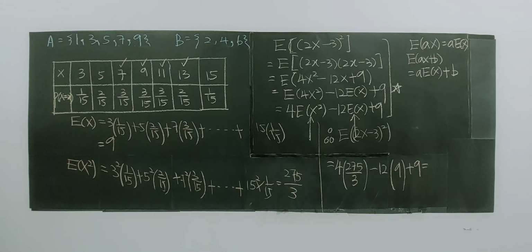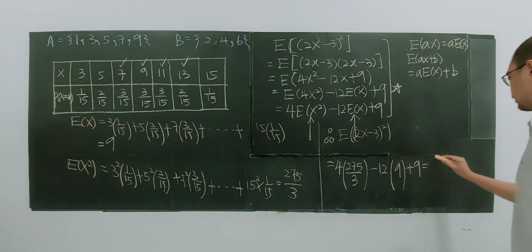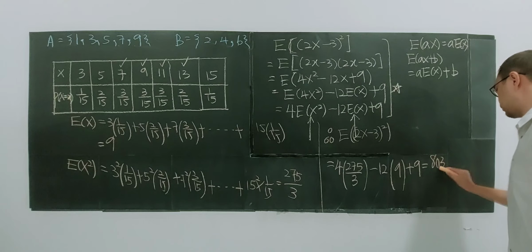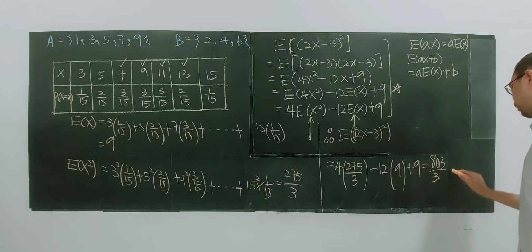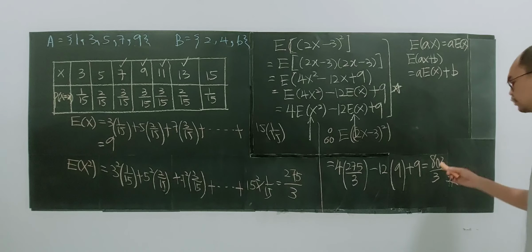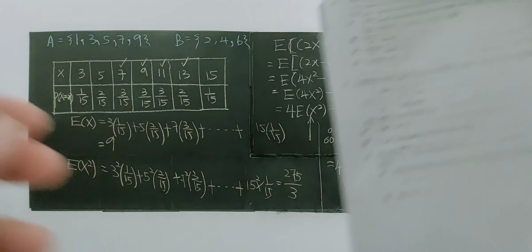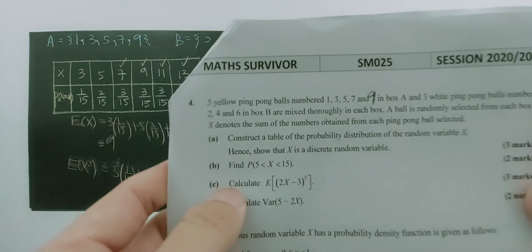Then your final answer after you apply is 803 over 3. You can change it into a decimal form or a proper fraction, doesn't matter. This is the way we solve question B.